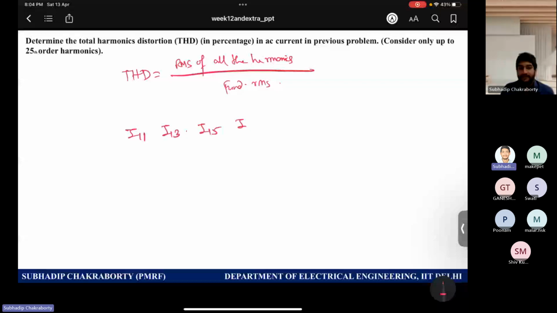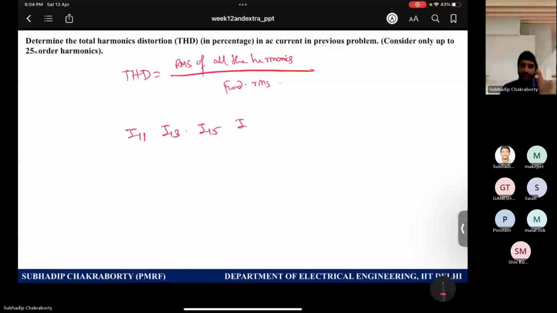Now can anyone tell me, can I15 exist? Can I21 exist? It is not only the third harmonic, it is any integral multiple. If you take 15 into 120 degrees, divided by 360, it is 5 times 360, which means it is 360 only.